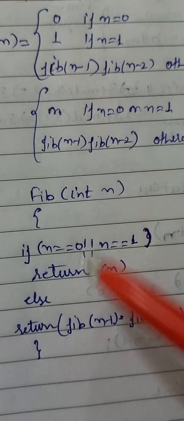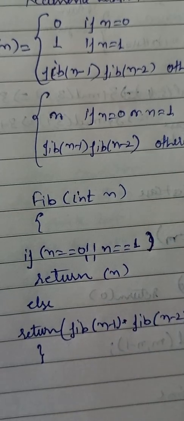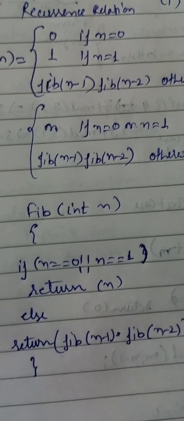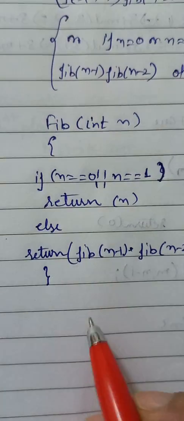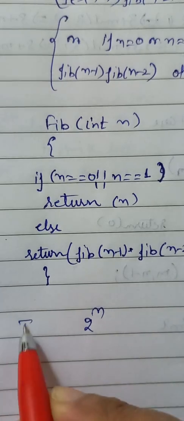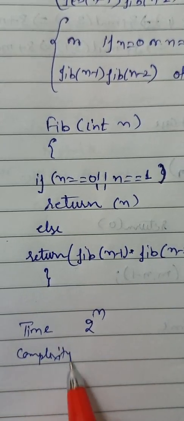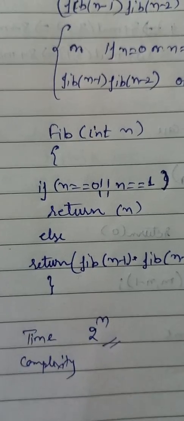So this is the way we can write the program for the Fibonacci series, and this is the way we can write the recurrence relation. And the time complexity will be 2 to the power n. The time complexity will be 2 to the power n for the Fibonacci series.